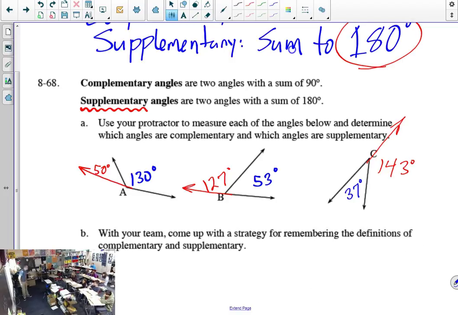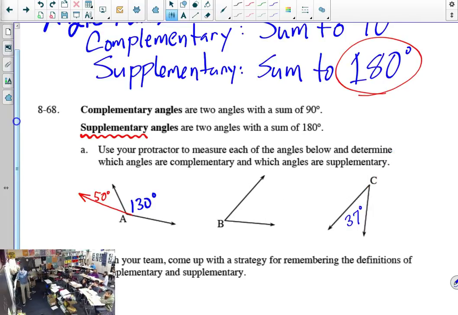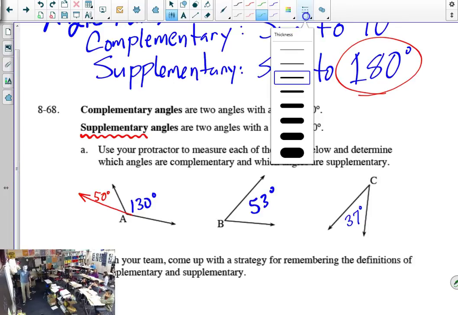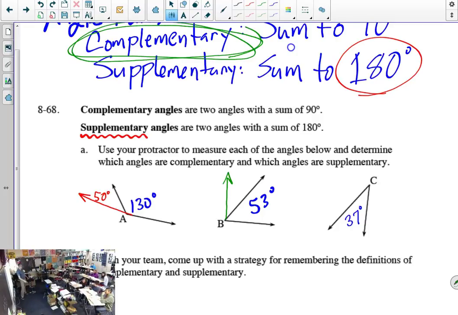Now, let's go back and just sketch these really fast. You don't have to have nice sketches of this. But since A doesn't have a complement, we're going to forget about A. Well, let's look at B. I should not have erased that 53. So this was 53. What needs to add with 53 to make it complementary, to make it 90?